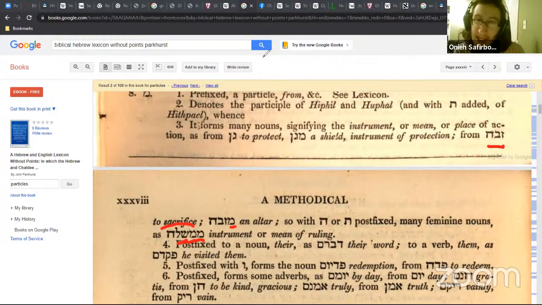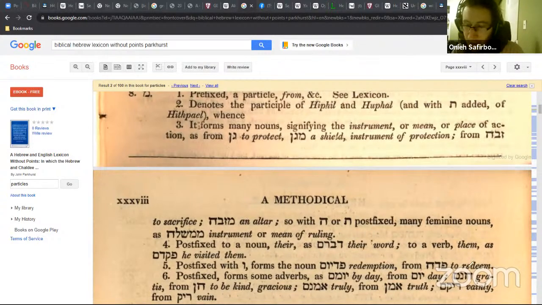If you add mem at the end of a noun, it can mean their, like word of them, their word. At the end of a verb, it means them, as in he visited, who did he visit? Them. And if you add wa also with mem, it can form a few nouns, which are adverbs, I believe.